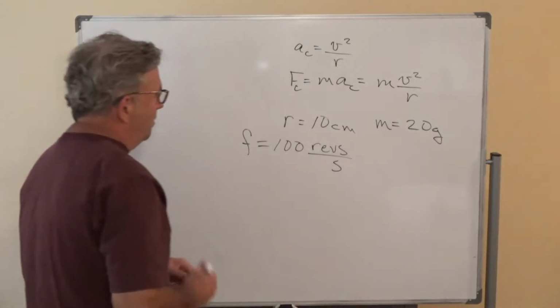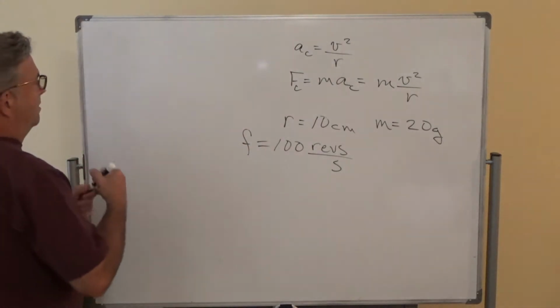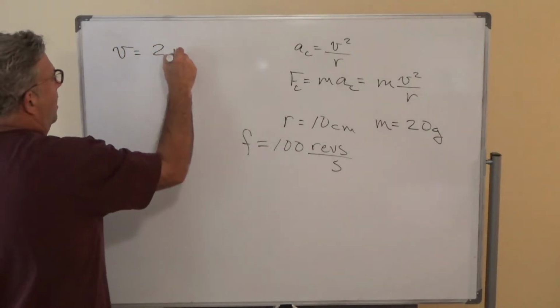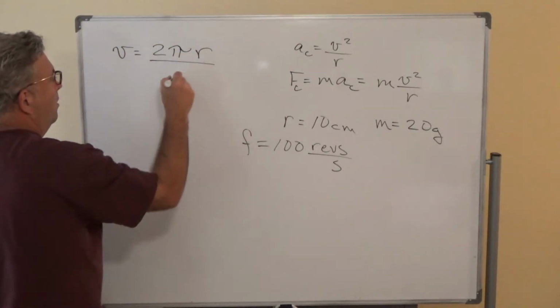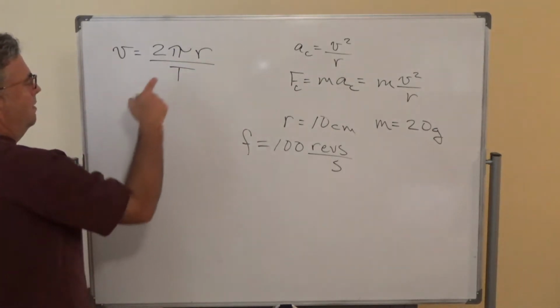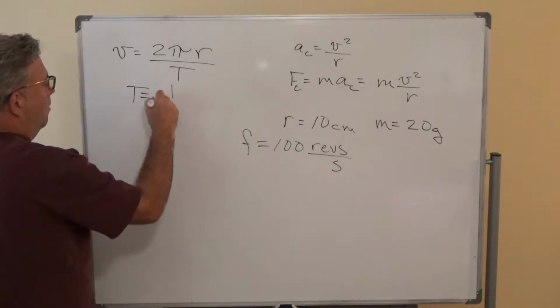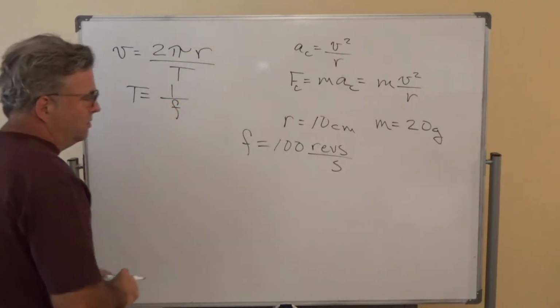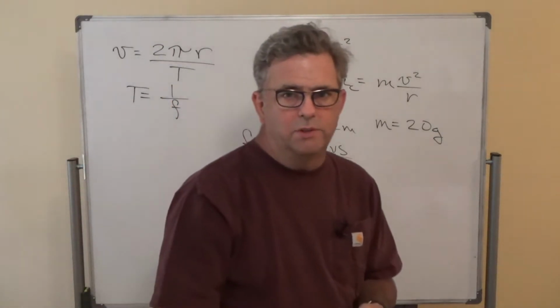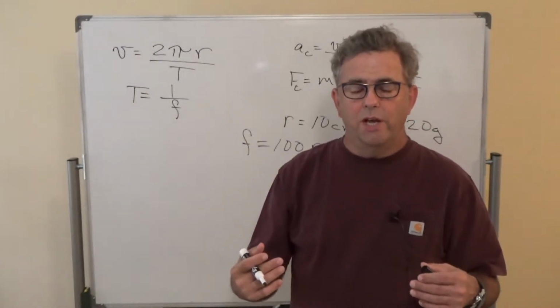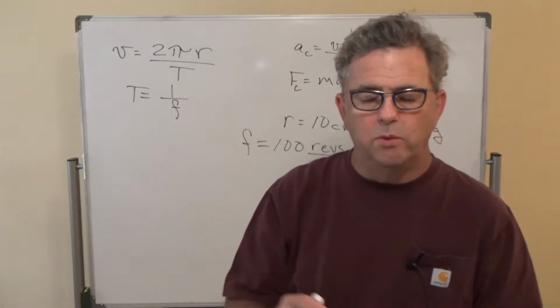So I'm going to convert this to period. It really doesn't matter. Remember, V is equal to 2 pi R over T. T is equal to 1 over F. That's the so-called natural frequency, not the angular frequency. When we start talking about rotations, we'll look at angular frequencies.